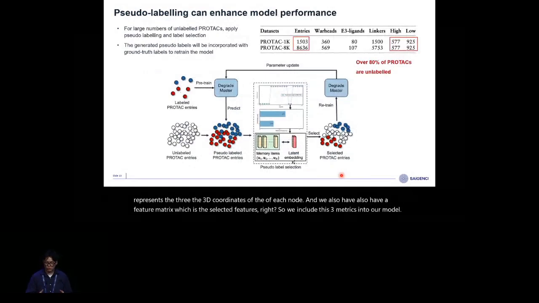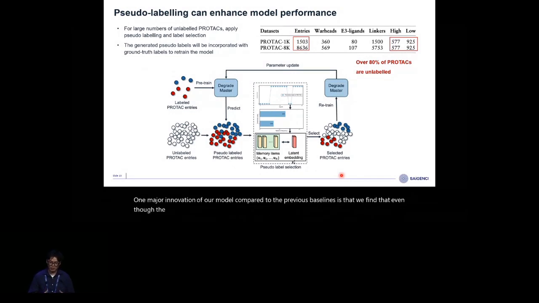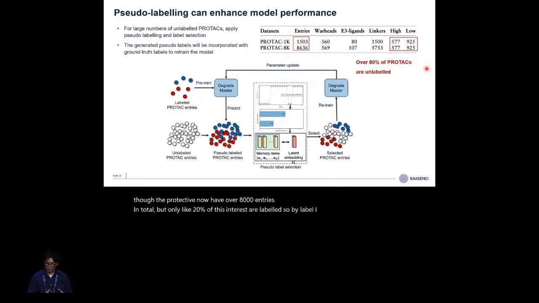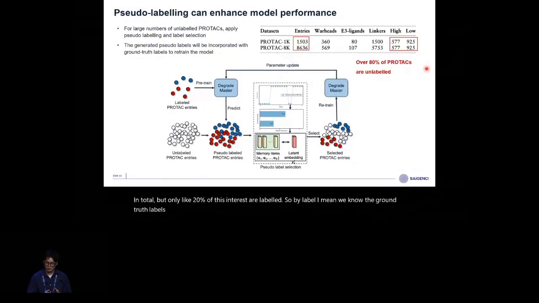One major innovation of our model compared to the previous baselines is that we find that even though PROTAC-DB now has over 8,000 entries in total, only about 20% of these entries are labeled. By labeled, I mean we know the ground truth label of whether this PROTAC is a good degrader or a bad degrader.